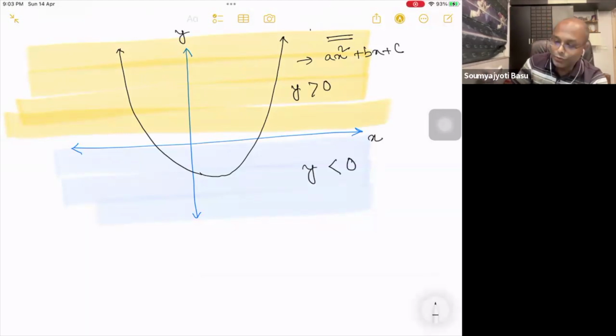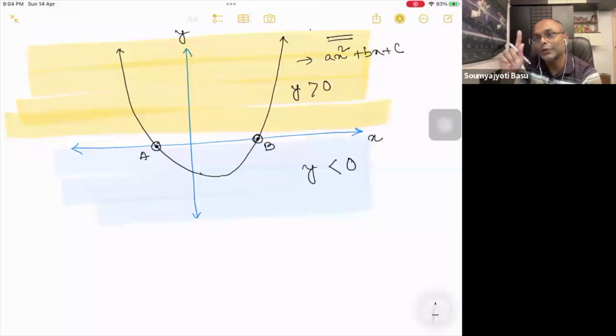Again, do you identify that there are 2 points like this? Let me name them as A and B. What are these points, A and B? Do you identify that these are the roots? Why?